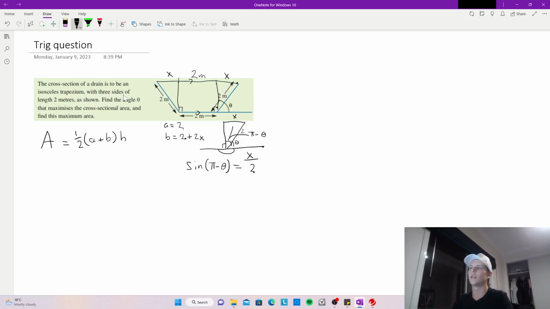Now, just knowing some trigonometric identities, we can simplify sine of pi minus theta into cos theta, which is equal to x over 2. And therefore our x value is going to be equal to 2 cos theta. We'll later insert that into our value of b to complete this top part.